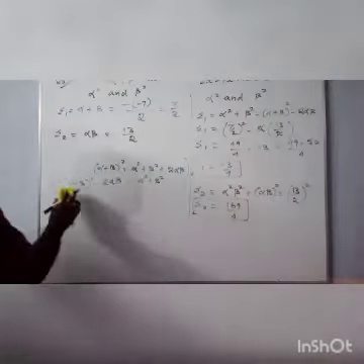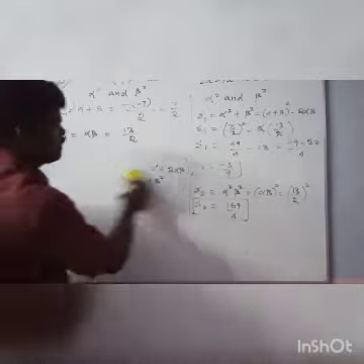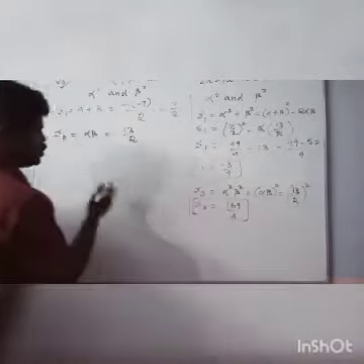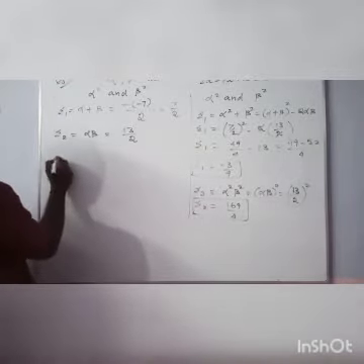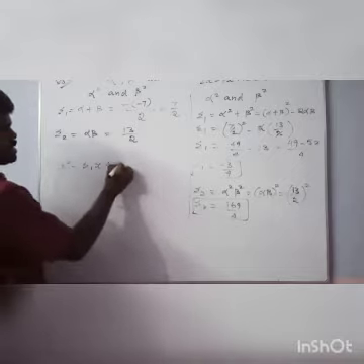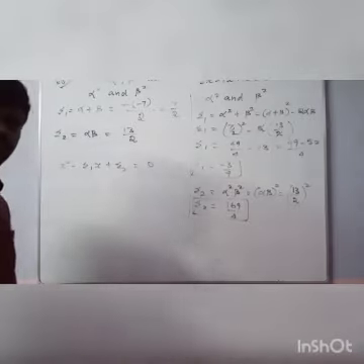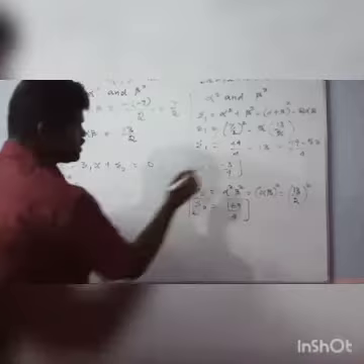Now, this is the reference formula only. Summation 2. Now Vieta's formula: x square minus summation 1 into x plus summation 2 equal to 0. Now x square minus summation 1 is what?